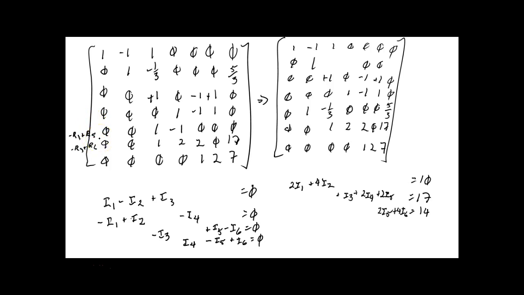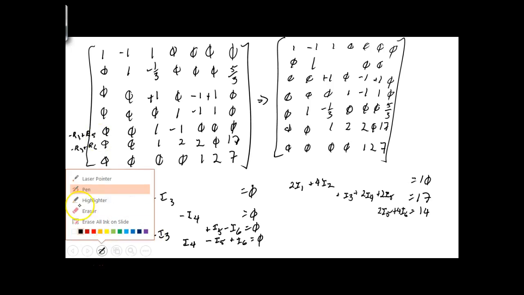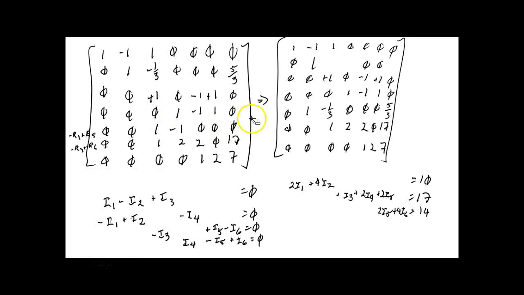And we're changing rows 5 and 6. So we lose those. I'm going to hold off what they're going to be. Okay.